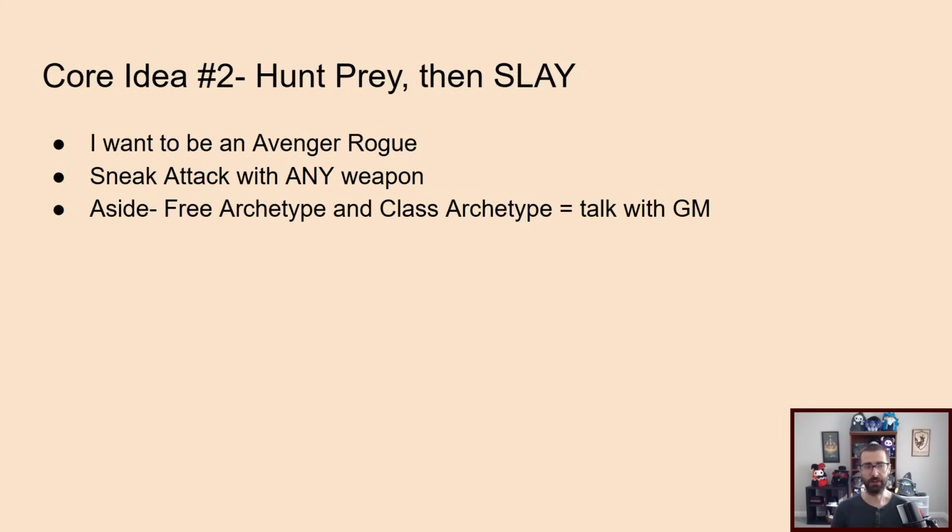To oversimplify, basically you lose some normal rogue features, and you gain the hunt prey action that rangers normally take, and you can get sneak attack damage with any weapon if you have hunted prey with that weapon. There's some deity stuff in there as well that we're going to ignore for the purposes of this video.